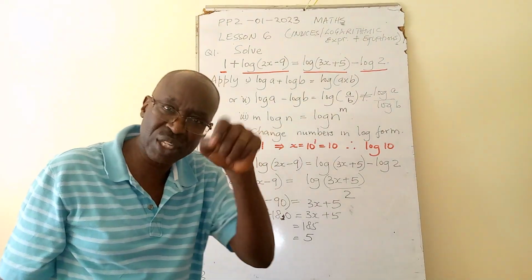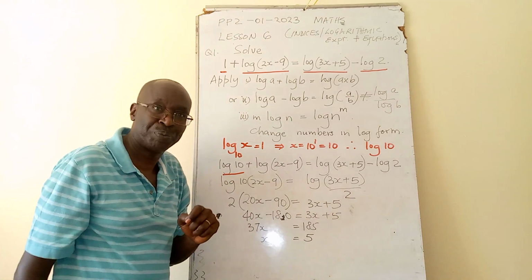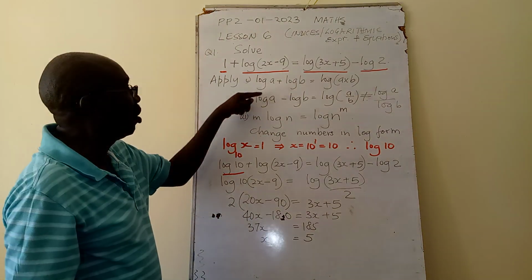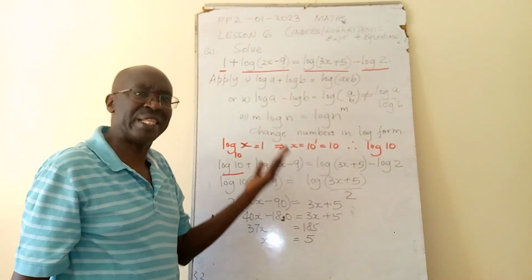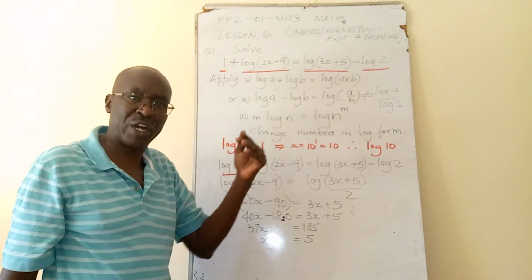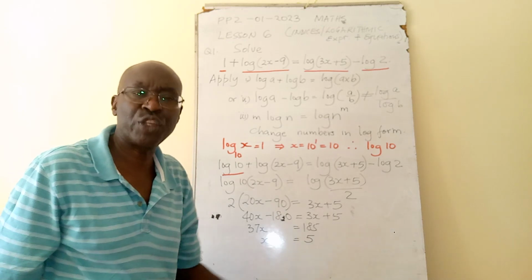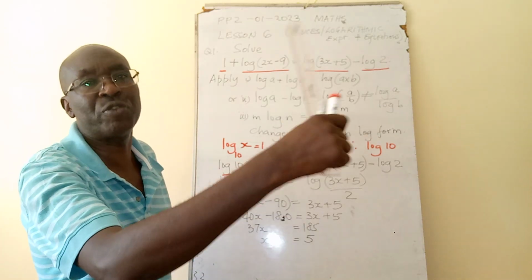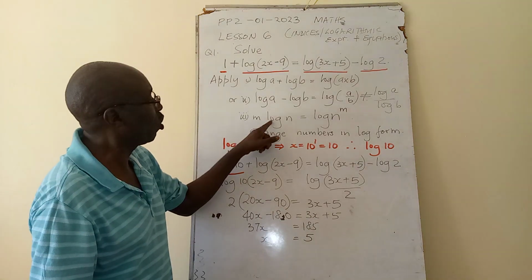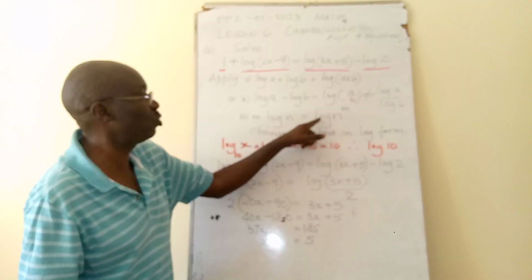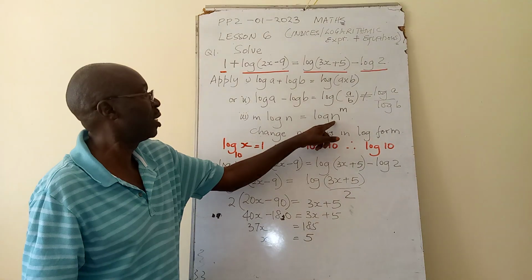So write that as a footnote. The three laws are applied the way they are. If you are given one side, you write it in the form of the other side. If I'm given m log n, then they expect you to write log n to power m.